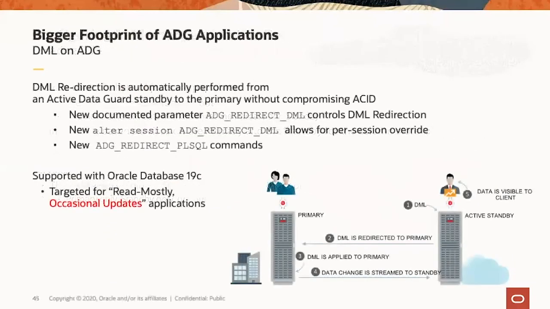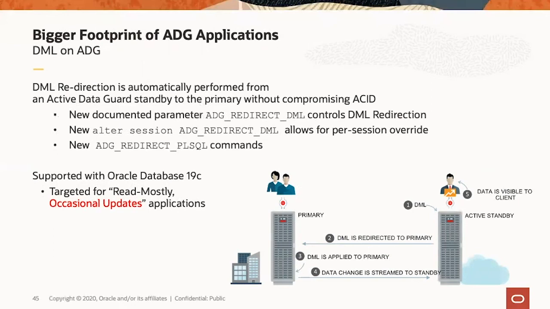Another cool feature, and this is basically the key feature of Data Guard 19c, is DML on ADG, also known as DML redirection. Don't get me wrong, the standby database stays a read-only database just like you're used to. But the difference in 19c is that we are allowing you to do occasional DML against the active standby database.